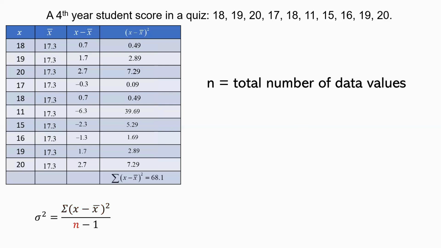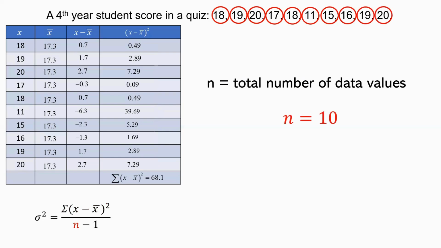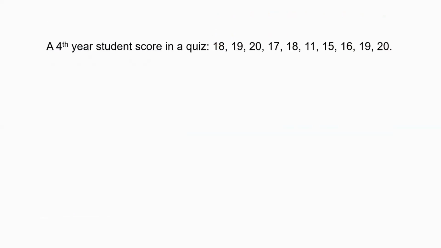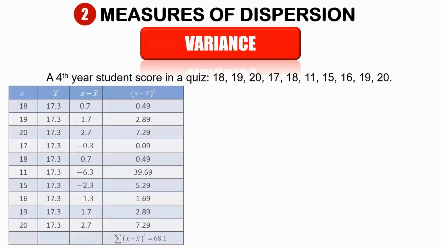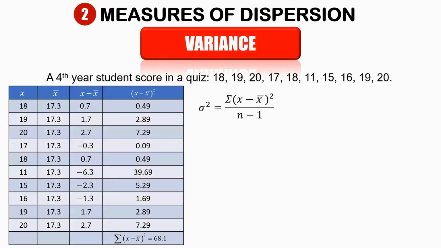So our n is the total number of data values. So 1, 2, 3, 4, 5, 6, 7, 8, 9, 10. Therefore, our n is equal to 10, which is the total number of data values that we have. So now we are going to apply the formula. We gathered earlier that the summation of the square of the quantity x minus mean is equal to 68.1.